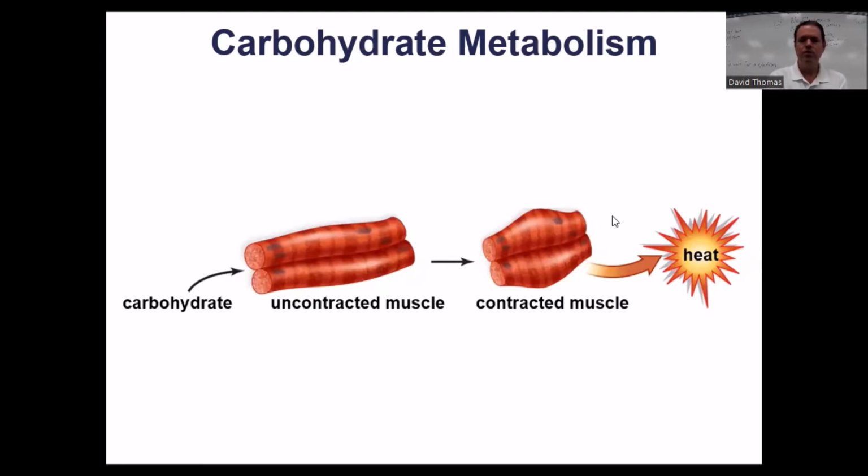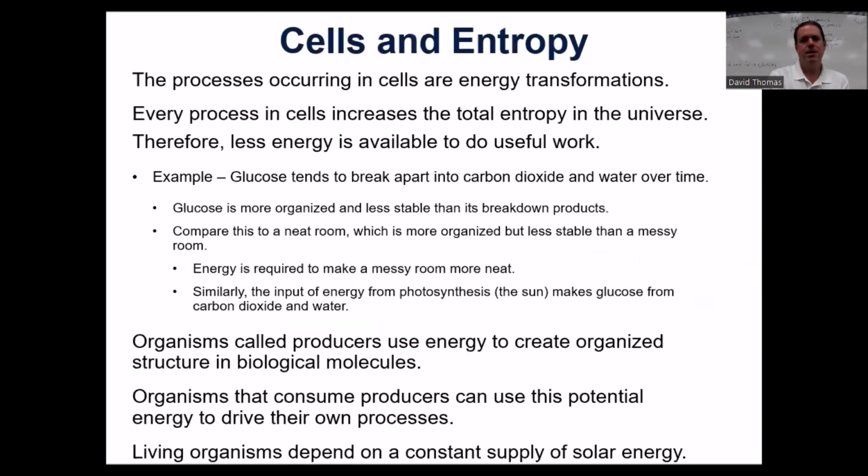But in other words, the conversion here is not 100% efficient. And so the processes taking place inside cells involve all these different types of energy transformations. What that means is there's not as much energy directly available to do the work you intended, but that's okay.